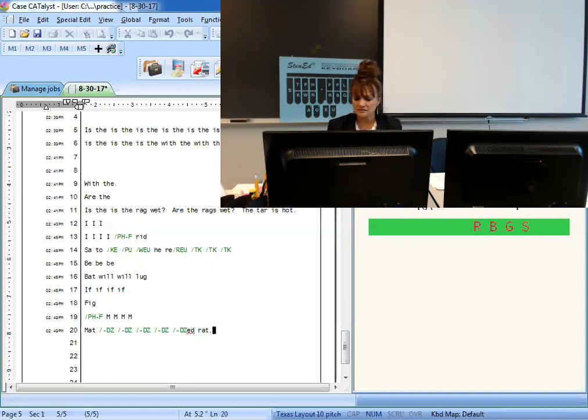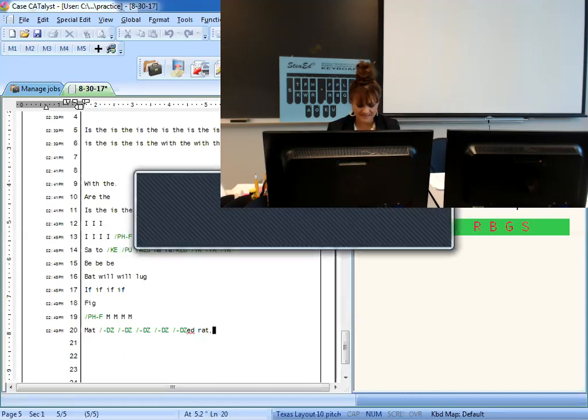Hard shell. Hard hat. Red hat. Red scar. Hard tug.